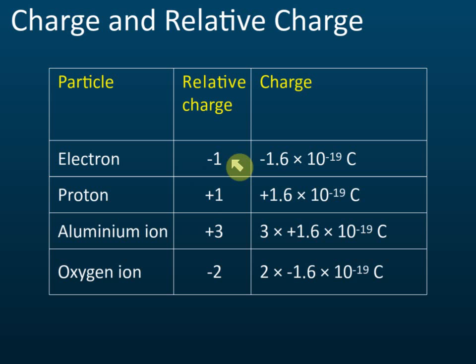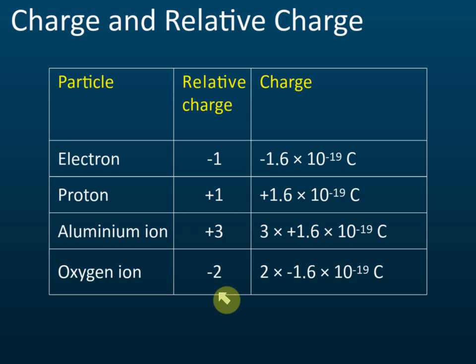That is because in chemistry, this negative 1, positive 1, aluminium ion positive 3, oxygen ion negative 2, are called the relative charge. It's not the actual charge. Relative charge is the charge where they compare with each other.